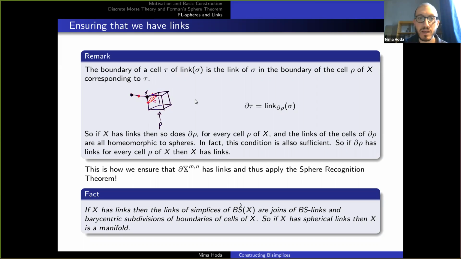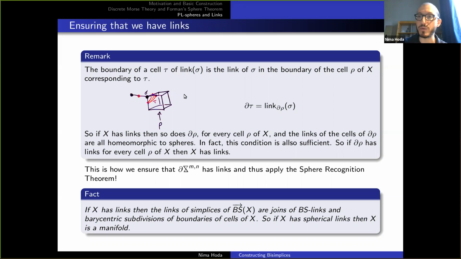And as long as that link has the right properties, in particular, if X has links, then so should the boundary of every cell of X. And moreover, the link of every cell in the boundary of a cell of X should be homeomorphic to a sphere, right?